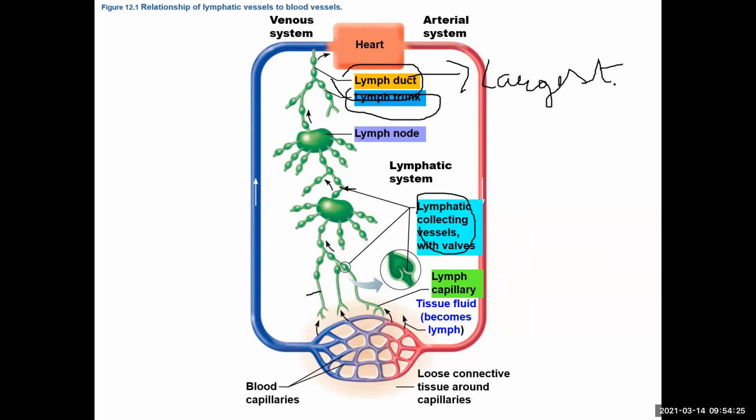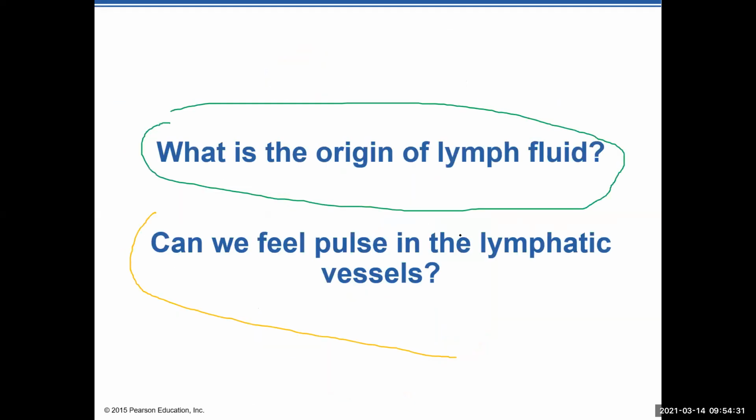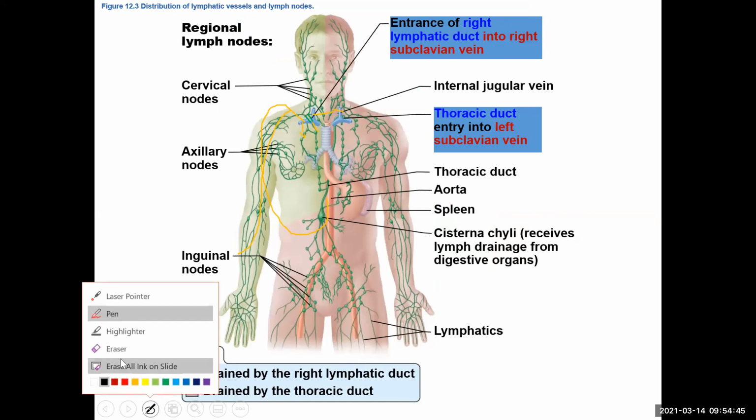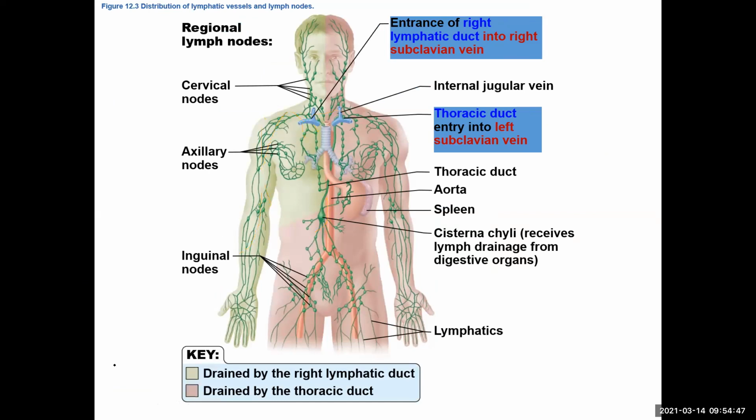And finally, you will see we have two ducts. Please pay attention. We have two ducts. I think there was a diagram in your book. Okay, look at this. We have two ducts, the bigger vessels, which finally bring the lymph into the vein.